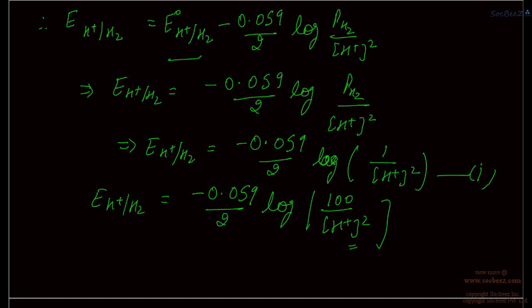This is because the concentration of H+ ions is the same, it has not been changed. Suppose this is the second equation. When the pressure of gas is changed to 100 atm without changing H+, the reduction potential is this. Suppose this is E dash.